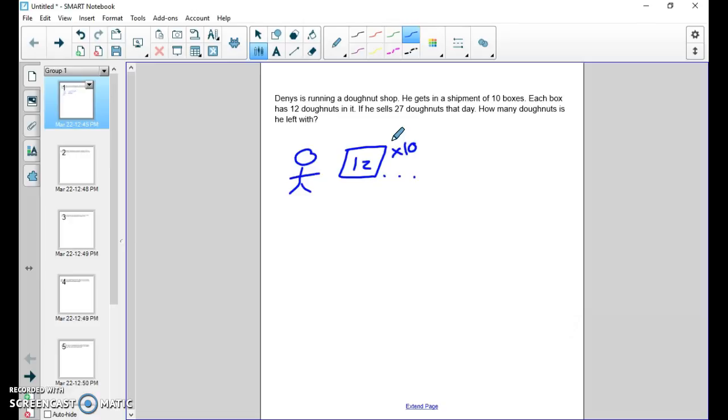Because each box has 12 in it. So what we could do is 12 plus 12 plus 12 plus 12, 10 times. But multiplication is repeated addition. So let's do 12. He has 12 donuts in each box. He has 10 boxes. So that means he's going to have 120 donuts to start the day.